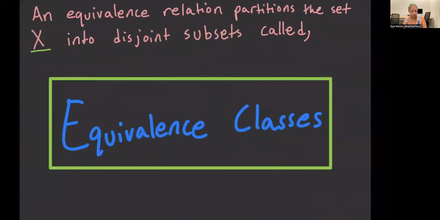An equivalence relation partitions the set X into disjoint subsets called equivalence classes.